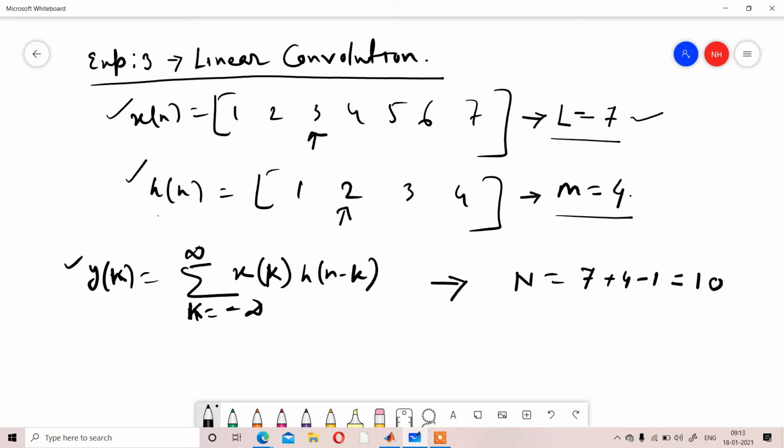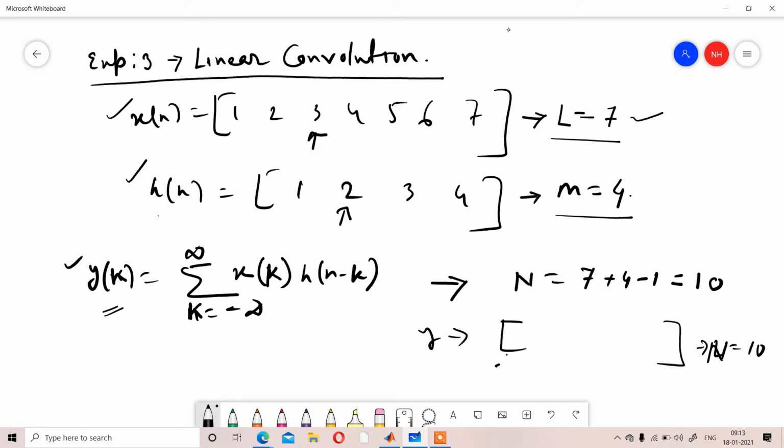After that, another parameter to keep in mind is the starting point of the output. The output will be of length 10, but the starting point could be minus 3, minus 2, or whatever.